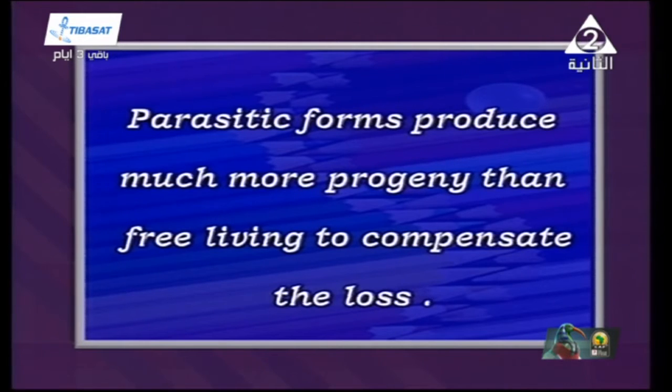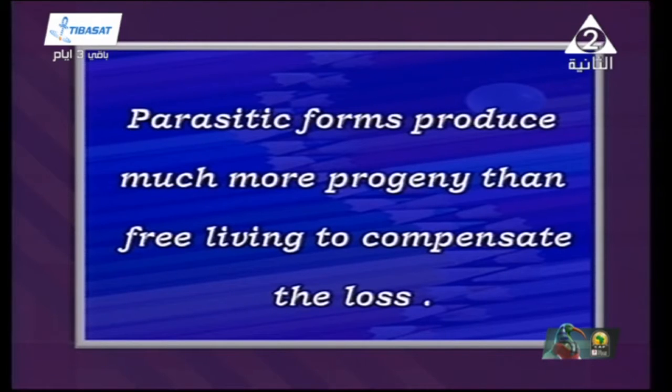Parasitic forms produce much more progeny, a lot of offspring, than living organisms that live in free form. The reason is to compensate, meaning to return back, the number lost of their offspring or eggs, and so on.